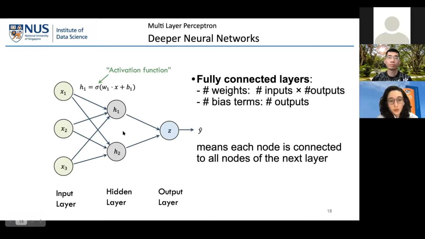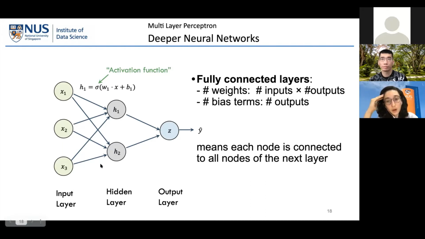So the model that we can see here is said to be fully connected. Why? Because the number of weights is equal to the number of inputs by the number of outputs, and the number of bias terms is the number of outputs. So it means basically in fully connected layers that each node is connected to all nodes of the previous layer, right?